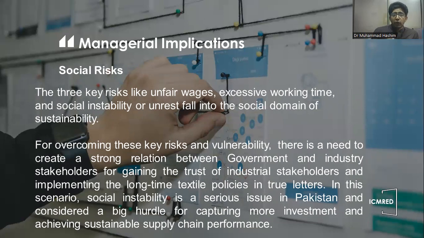For overcoming these key risks and vulnerability, there is a need to create a strong relationship between government and industry stakeholders for gaining the trust of industrial stakeholders and implementing long-term textile policies in true letter and spirit. In this scenario, social instability is a serious issue in Pakistan and is considered a big hurdle for capturing more investment and achieving sustainable supply chain performance.